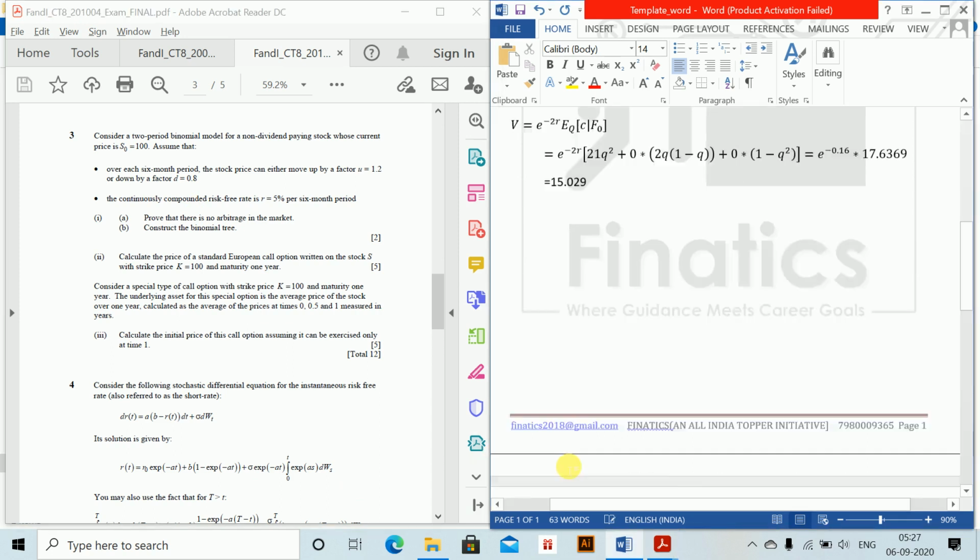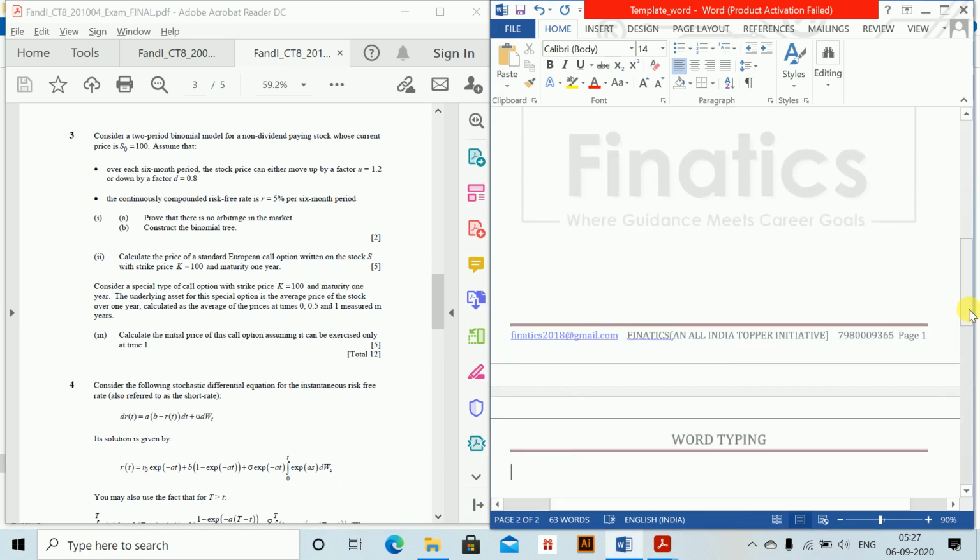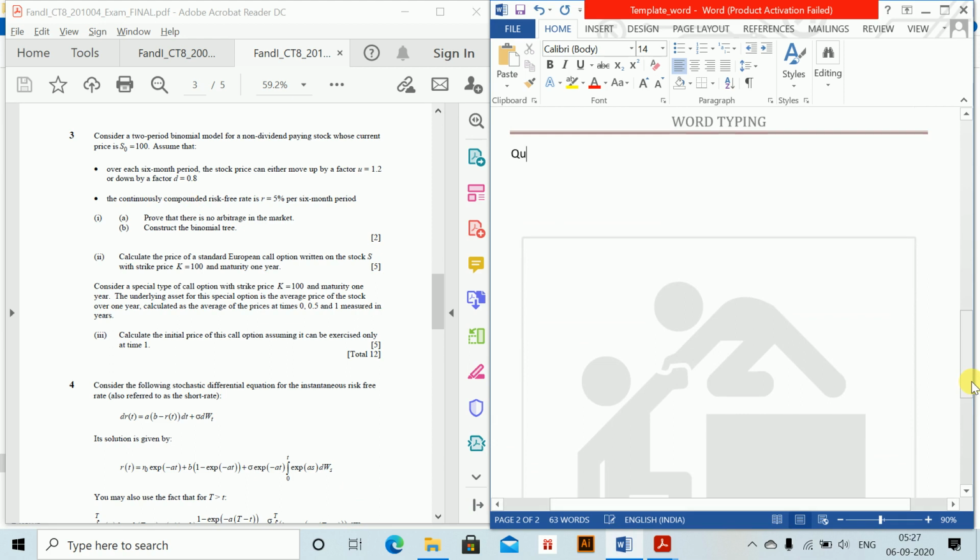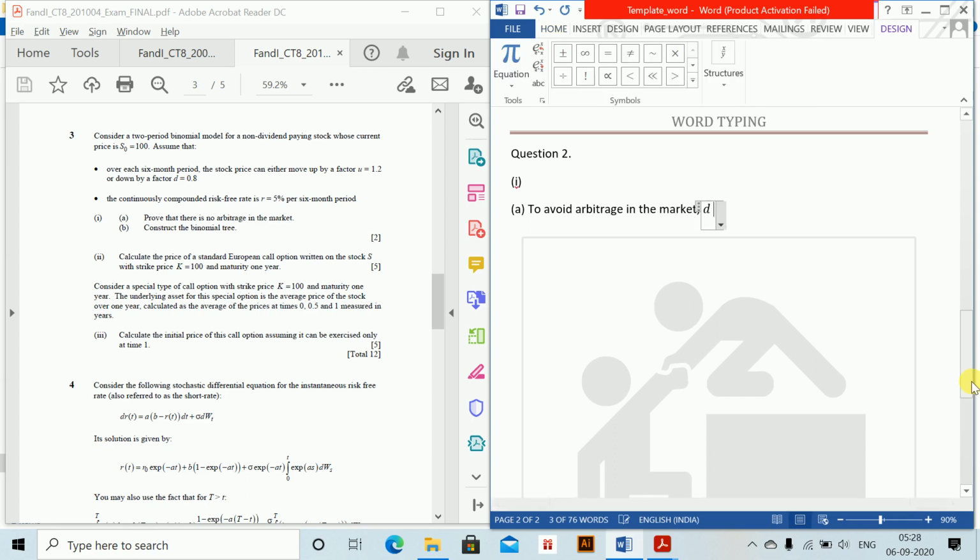So again, it's exactly the same thing with different values. Part 1A: to avoid arbitrage in the market, d must be less than e to the power r, which must be less than u.